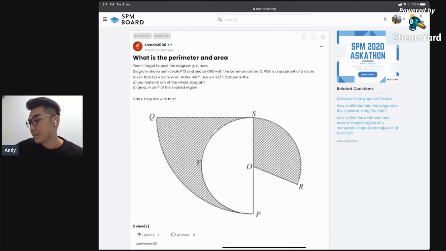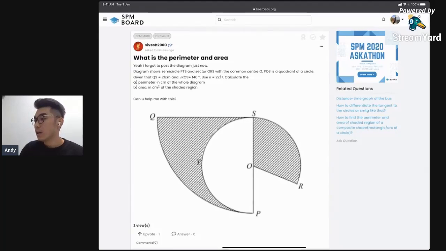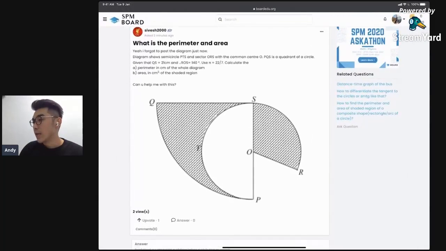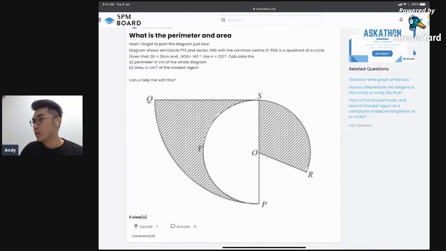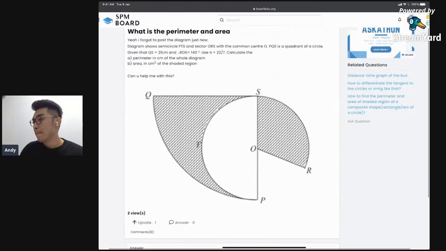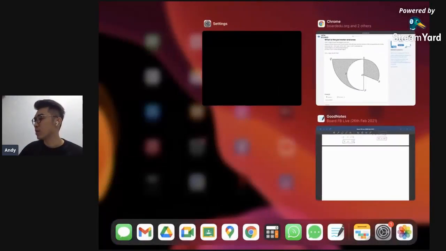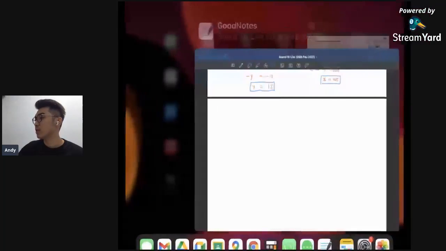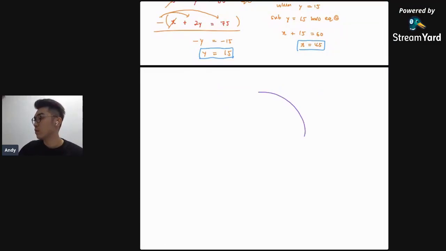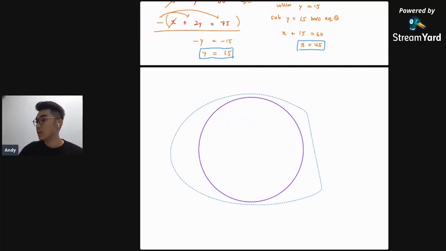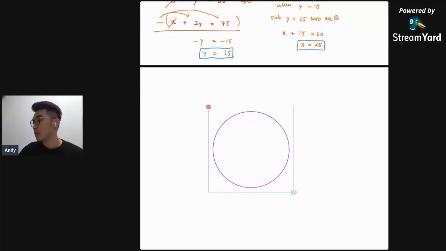Okay, this is good. All right, so you will see, I think it's best for us to sketch it out. If not, it's difficult to just illustrate it. Okay, maybe I should draw a circle, and from the circle, resize a little bit.